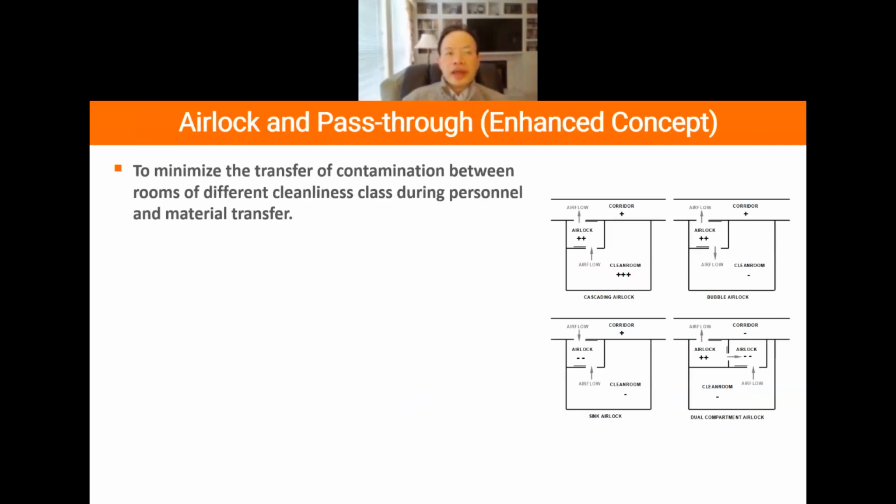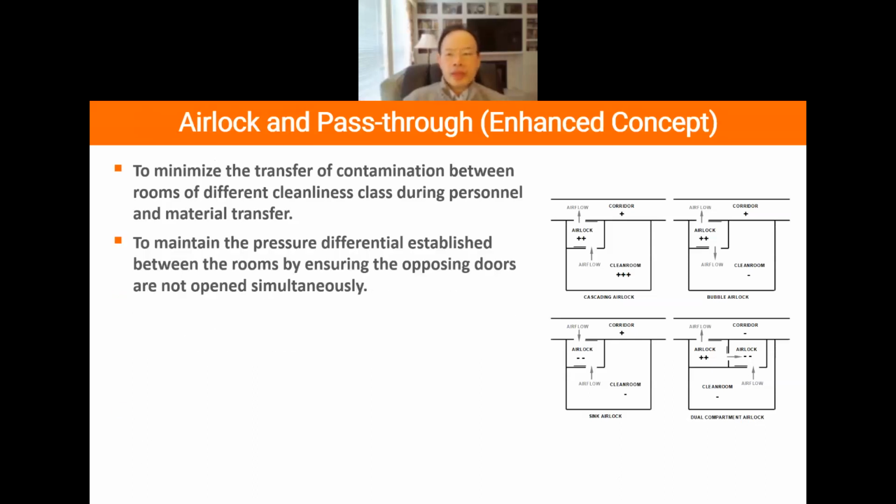Other things are the airlock and the pass-through. This new standard uses an enhanced concept. In the US, typically for airlocks, we have 4 types: cascading, double, sink, and compartment.